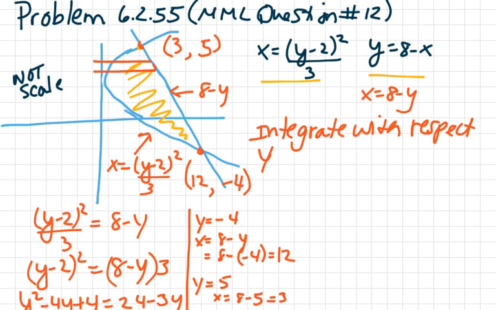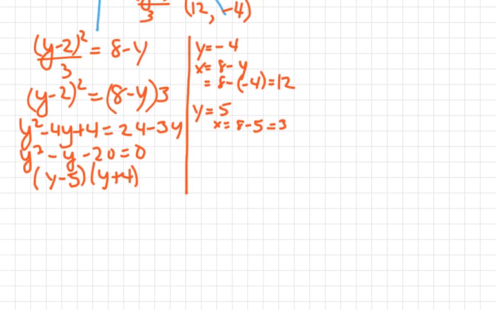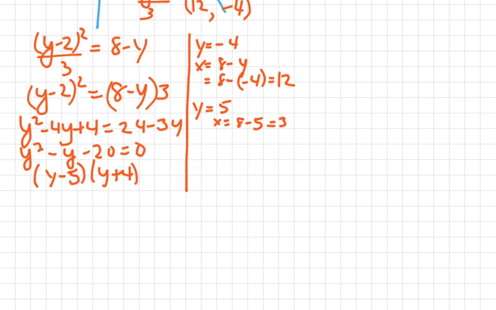Now you don't need the x components of the intersection points because we're going to integrate with respect to y. So let's set up the integral here. I'm going to have to go to another page, but I just want to get it set up. The integral is going to go from minus 4 to 5.